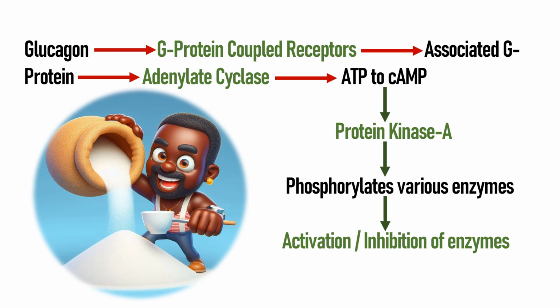The activated Gs protein stimulates adenylate cyclase, an enzyme embedded in the cell membrane. Adenylate cyclase converts ATP to cyclic AMP, a second messenger. Increased levels of cyclic AMP activate protein kinase A. This PKA phosphorylates various enzymes involved in glucose metabolism, leading to the activation or inhibition of these enzymes.